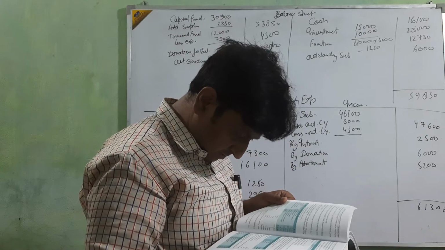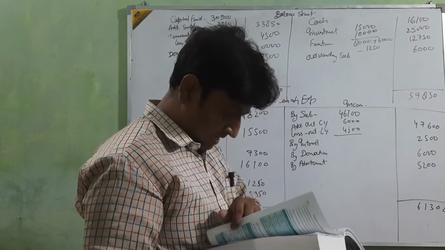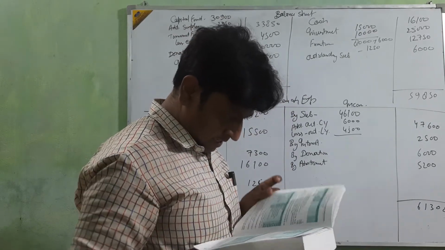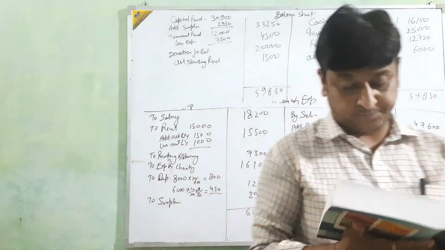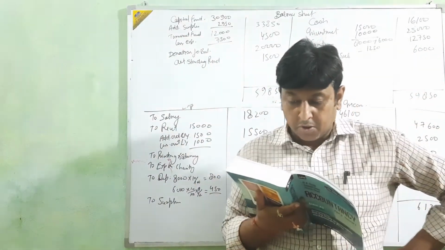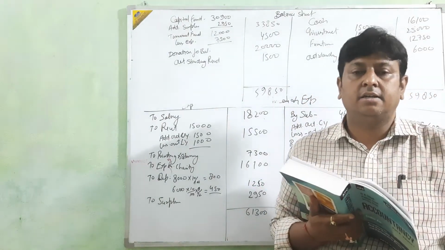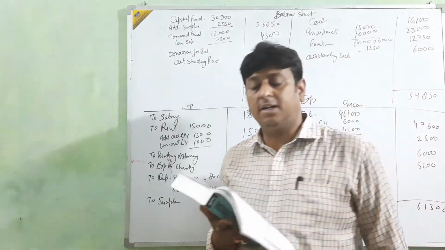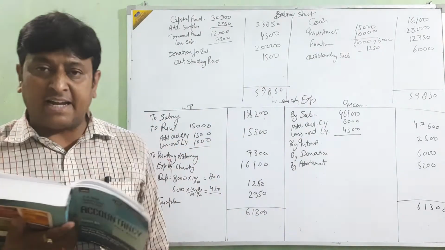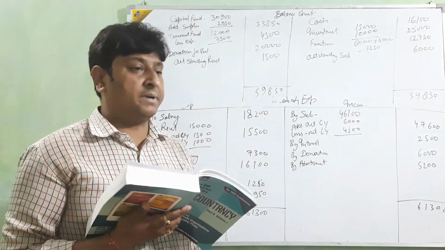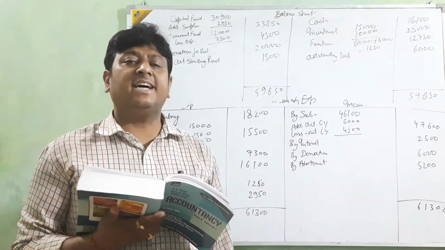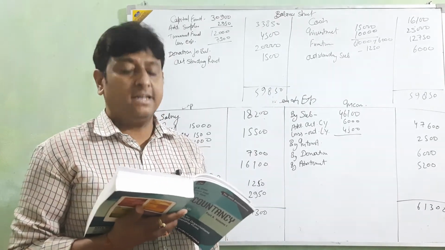And the next question is, beta. Here again all the things are given, beta. First, the balance in capital fund, we are taking it as the cash balance. When we calculate the capital fund, we are going to take the cash balance.